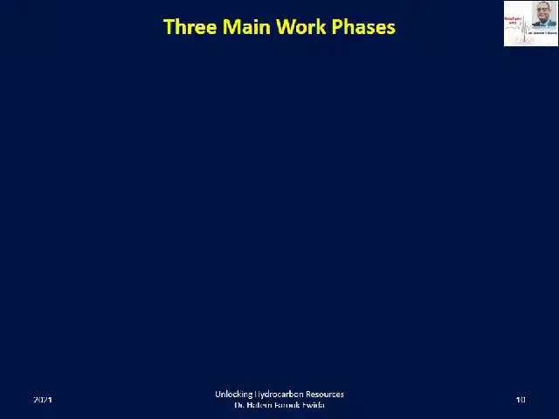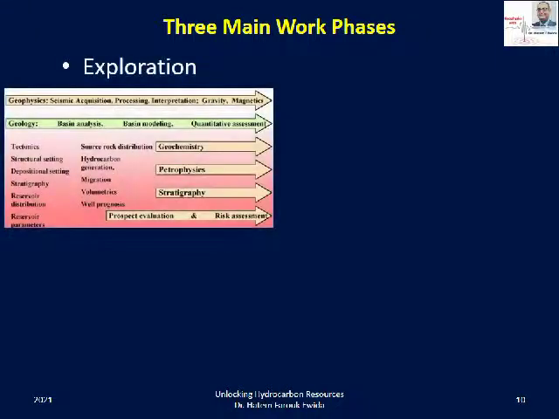So we have three main work phases. The first one is exploration, and we mentioned that geology is very important at this stage. For exploration, we have geophysics. We can apply geological applications. For geophysics, we use seismic acquisition, processing, interpretation. We can use gravity and magnetics, as we will show later.